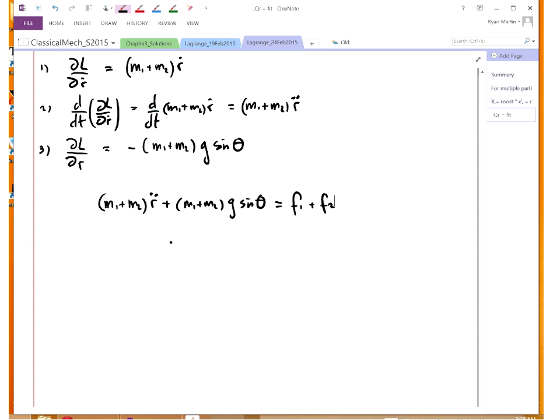And if you prefer, we could just write it as F equals ma. So the ma part is (m1 plus m2) r double dot, and that's got to be equal to F1 plus F2 minus (m1 plus m2) g sine theta.